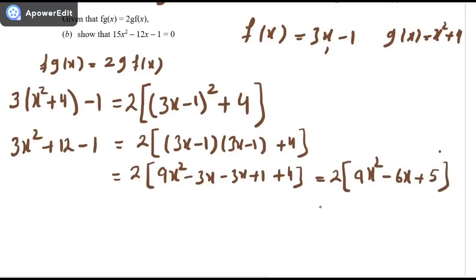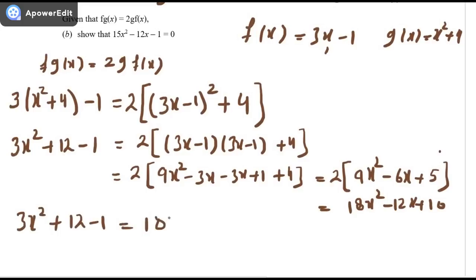Now I can expand the bracket. This is going to be 18x squared minus 12x plus 10. Now this is going to be 3x squared plus 12 minus 1 equal to 18x squared minus 12x plus 10.